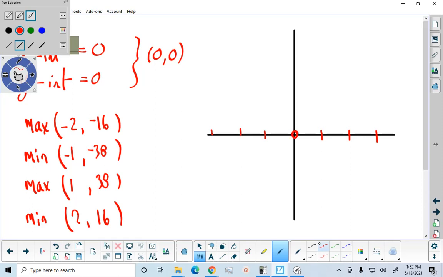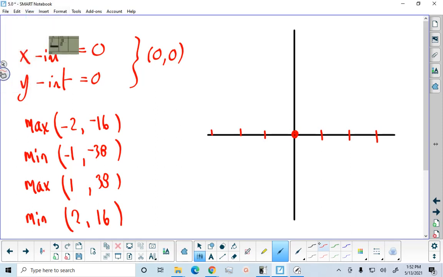0, 0 is a point of interest. Now, -2, -16. Look at the vertical aspect to this graph. It goes down to -38 and up to +38.